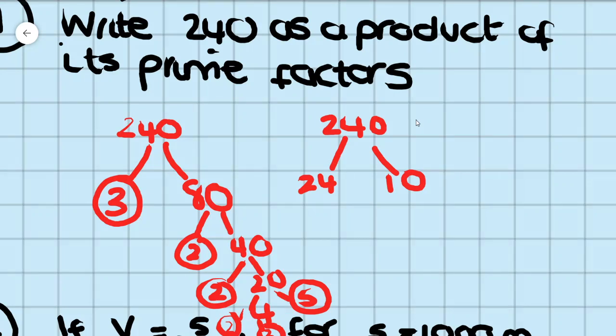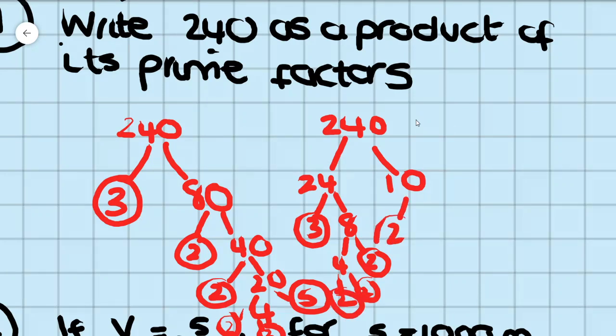And if I carry on with it this way, 24 is 3 lots of 8, 8 is 4 lots of 2, and 4 is 2 lots of 2. And 10 is 2 times 5, which are both prime. So notice the circled numbers in both lists end up being the same. So the numbers you chose didn't matter as long as they both multiplied to make that, because we've got the same answer at the end.